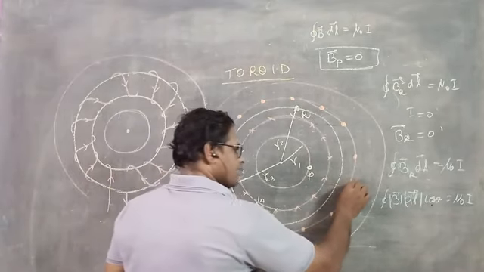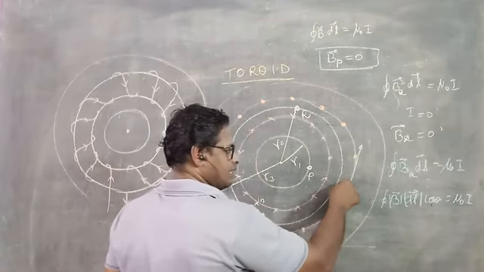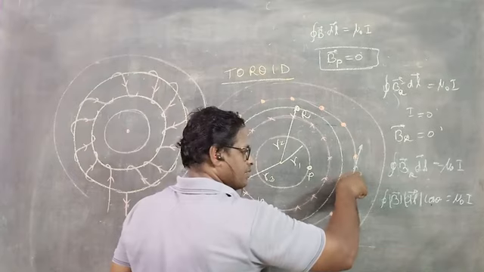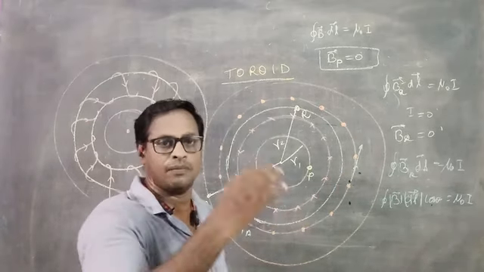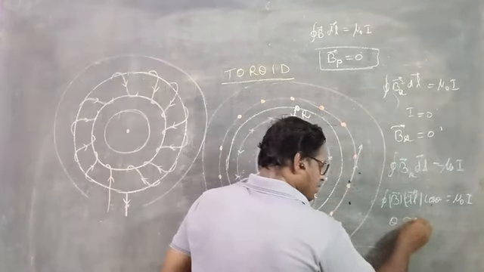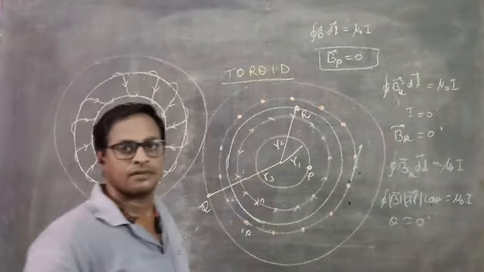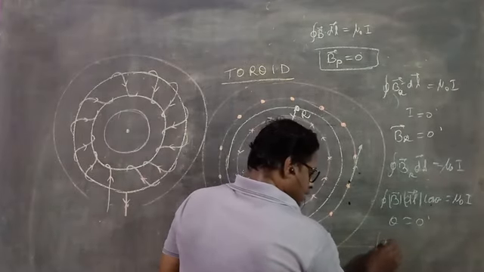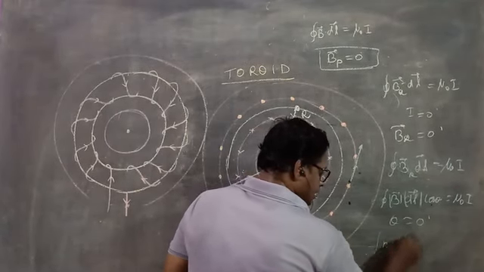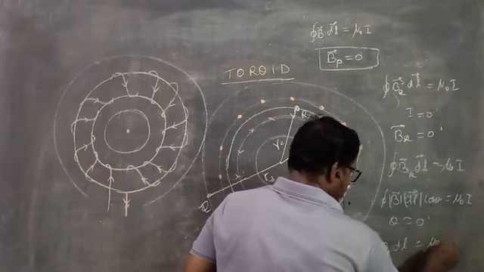What are B and dl? dl is along the tangent drawn. B is also in the same direction. So B and dl are both in the same direction. So the value of theta is equal to 0. Okay, so we can say the integration of B into dl is equal to mu naught I.